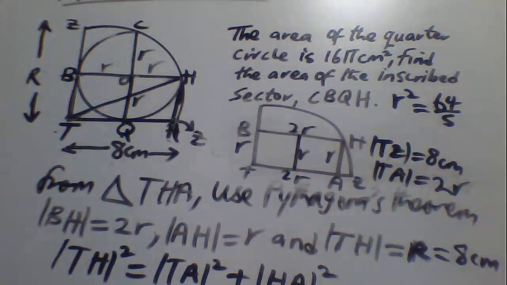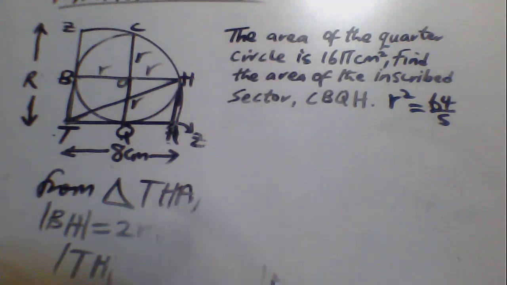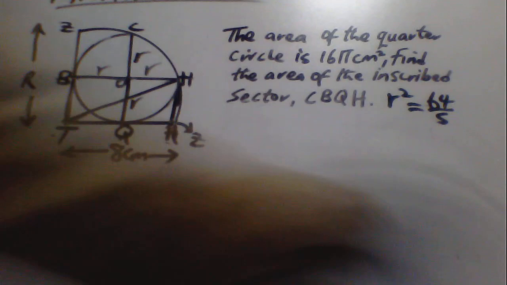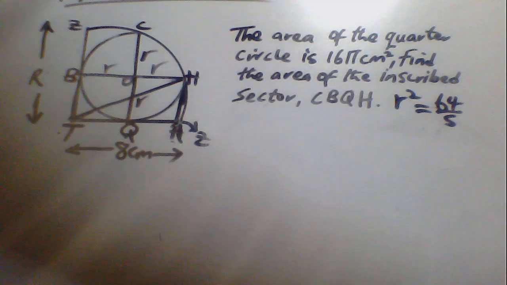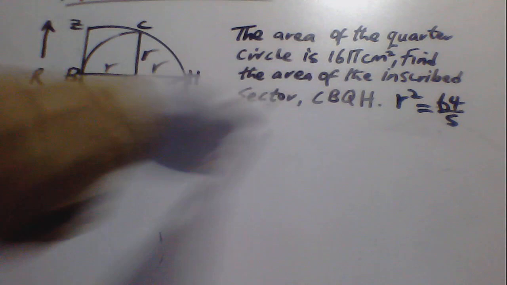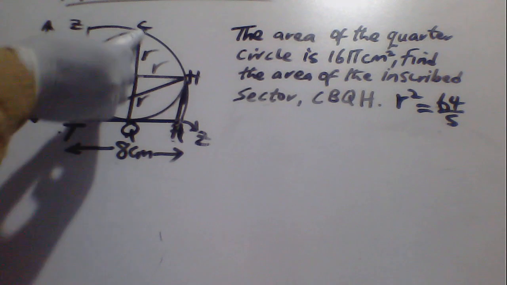So we can clean the board. We are required to leave our answer in terms of pi. Now that we have arrived at this point, you are asked to find the area of the inscribed sector. B, C, this is the sector, inscribed sector.